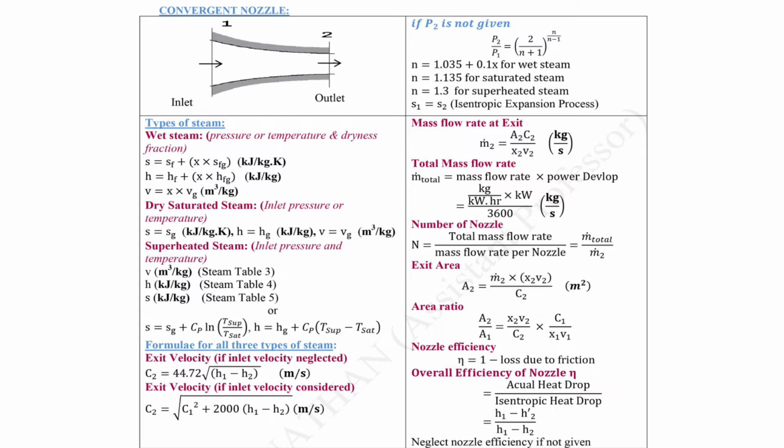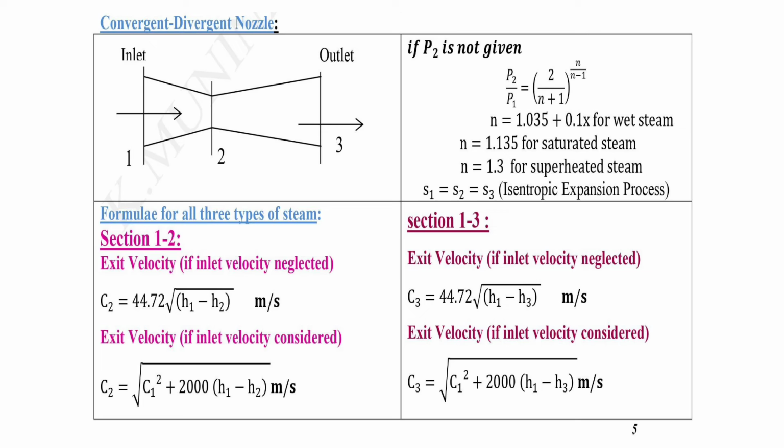Nozzle efficiency eta is equal to 1 minus loss due to friction. Overall efficiency of nozzle is equal to actual heat drop divided by isentropic heat drop. That is, H1 minus H2 dash divided by H1 minus H2. Neglect nozzle efficiency if not given.